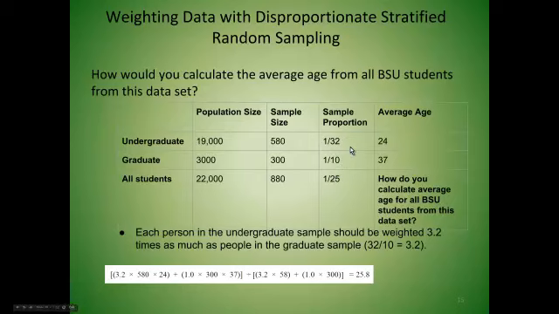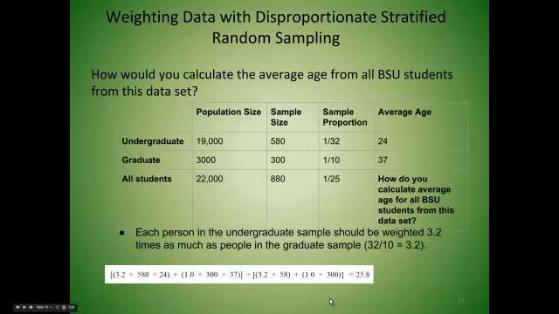So we need to place more weight on the people in the undergraduate sample to reflect that it represents more people in the population. Specifically, each person in the undergraduate sample represents 3.2 times more people in the population than each person in the graduate student sample. You calculate that by 32 divided by 10.